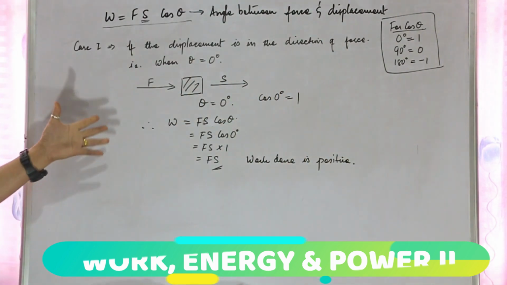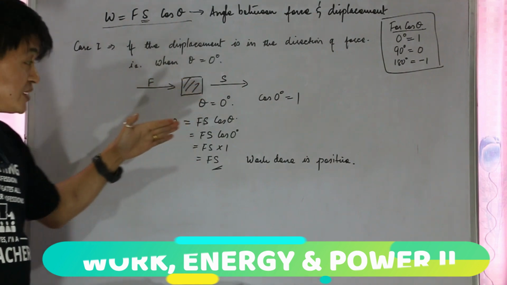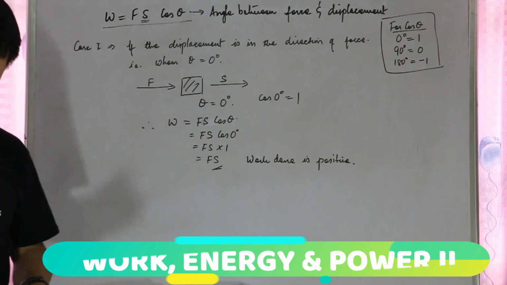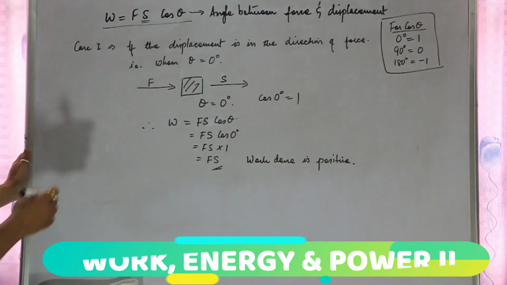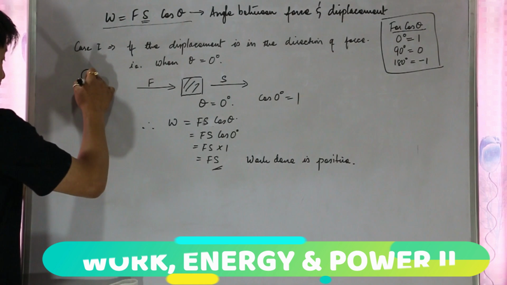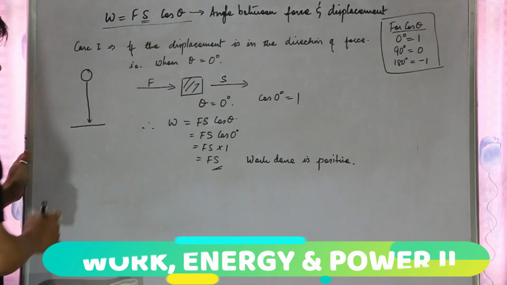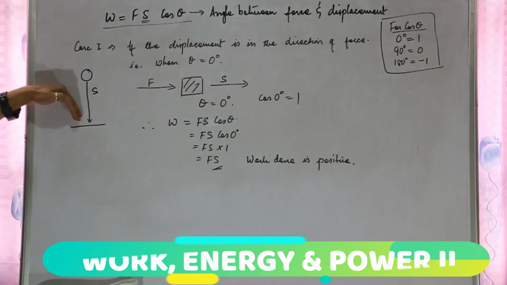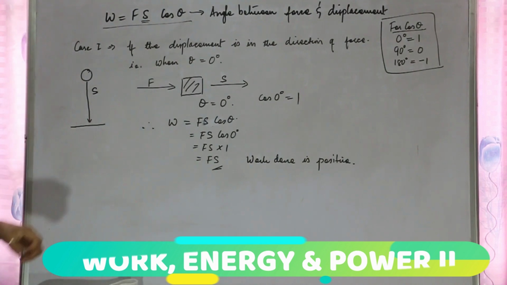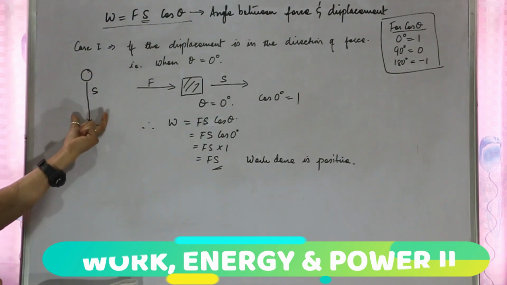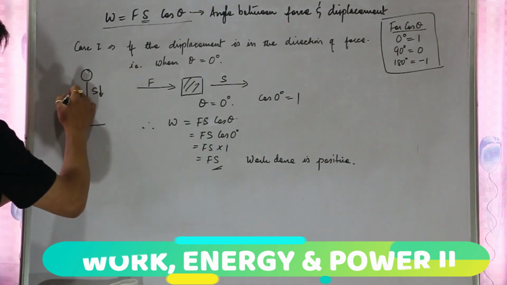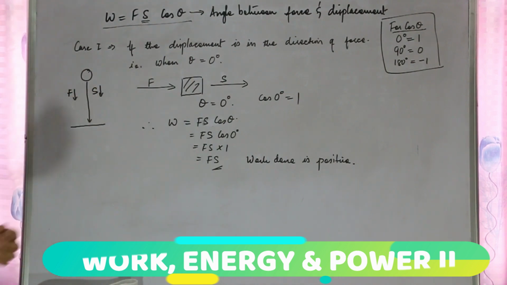Okay, so that means when the force and the displacement are along the same direction, then your work done is said to be positive. Let's take one example. If you have a ball which is falling freely downwards, here the displacement is in the downward direction, and the force is also downward, because gravity is pulling the ball downward.